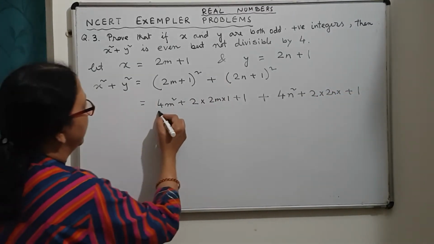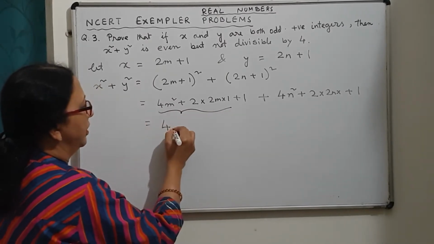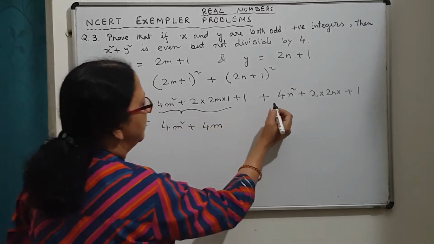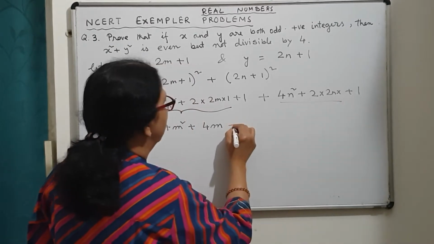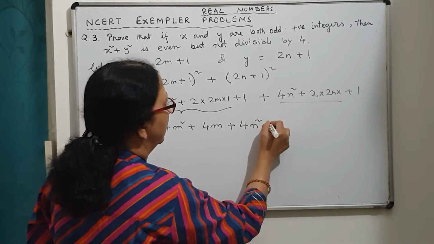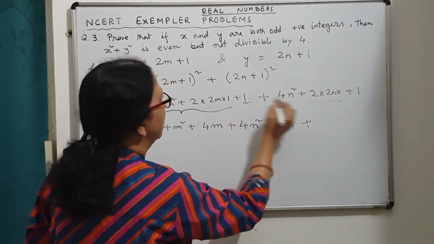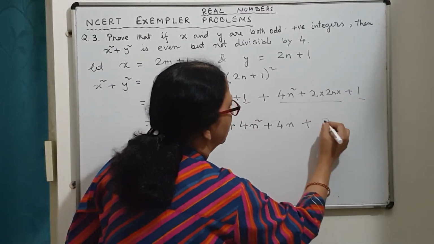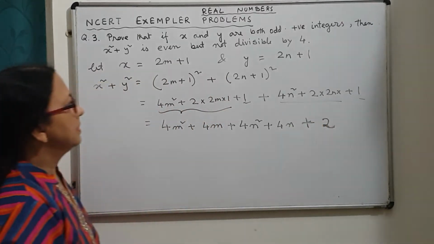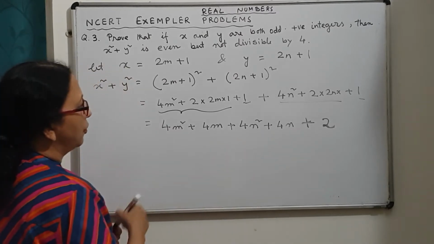Let me write down one more step: 4m square plus 4m, plus 4n square plus 4n, plus this one and this one, that is 2. So from these four terms I can take 4 common.